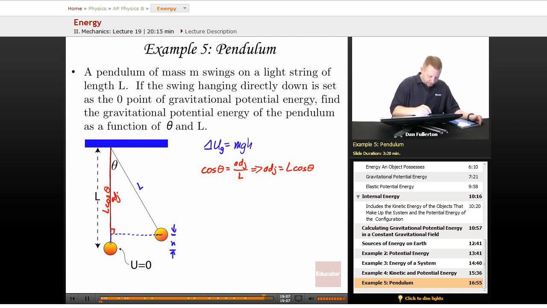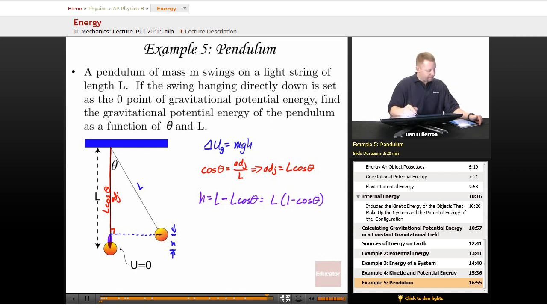What we really want to know is this distance here, that h. H then must be the total length of our pendulum L minus this L cosine theta. Or I could factor out the L and say that that's L times 1 minus the cosine of theta.